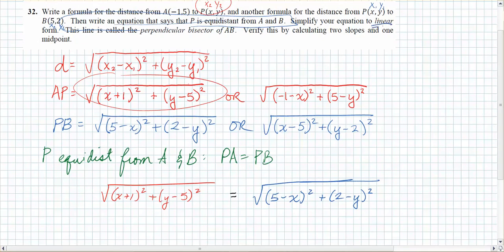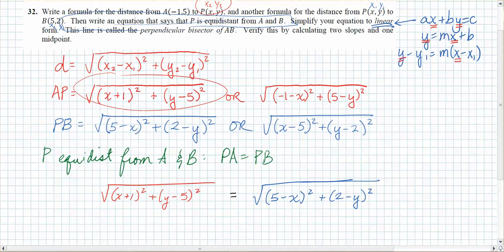Then it says simplify to linear form. You guys know some linear forms, like ax plus by equals c, or y equals mx plus b, or y minus y1 equals m times x minus x1. These are all linear forms you should have learned at some point. The only variables in them are x and y in each case. The a, b, and c in that first one are actual number constants. In this one, the slope and the y-intercept are constants, but the y and the x are just variables.